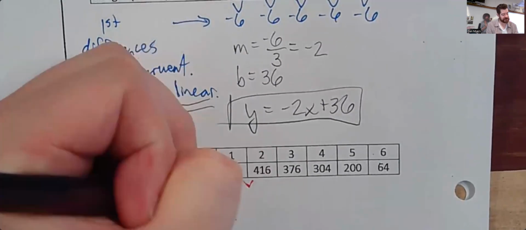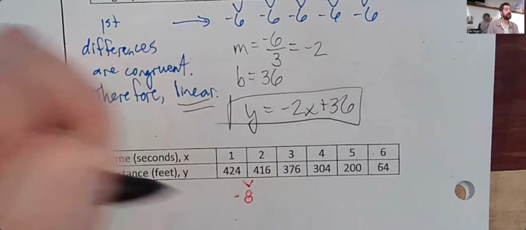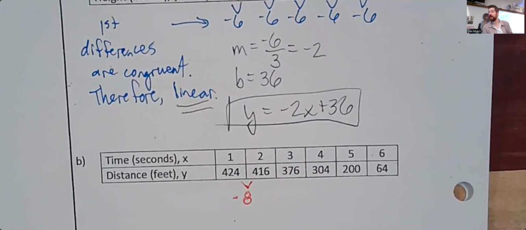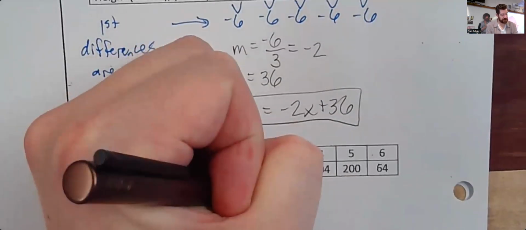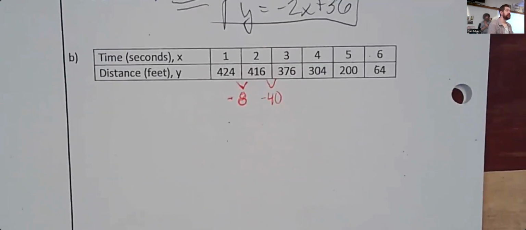How about 416 down to 376? What is it? Decrease of 40. Okay. So -40. So right now we can tell right away this is not linear.